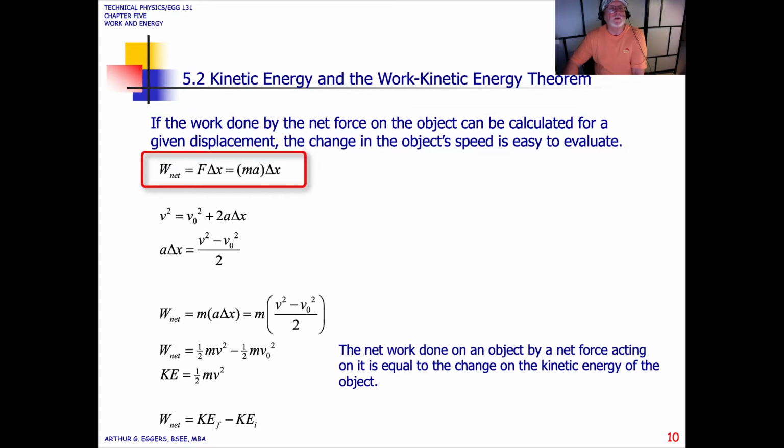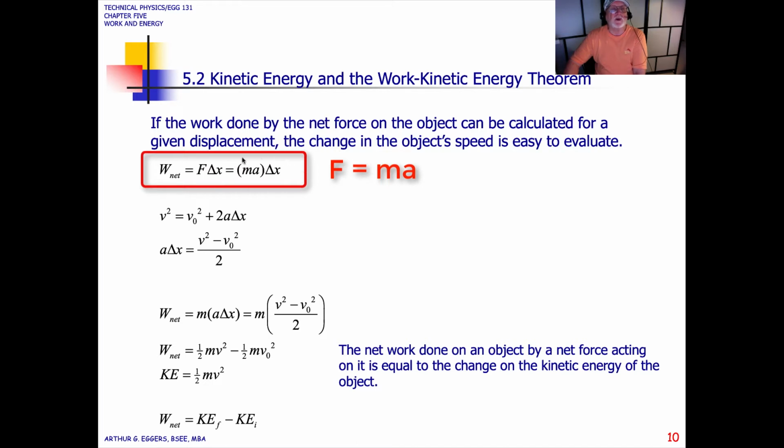So if we go back to what we just defined, but this time we're going to call it the net work, okay? And we're going to say that it's equal to the force times the distance. There's an understood cosine theta in here. Remember that we have force, which we defined early on as mass times acceleration.